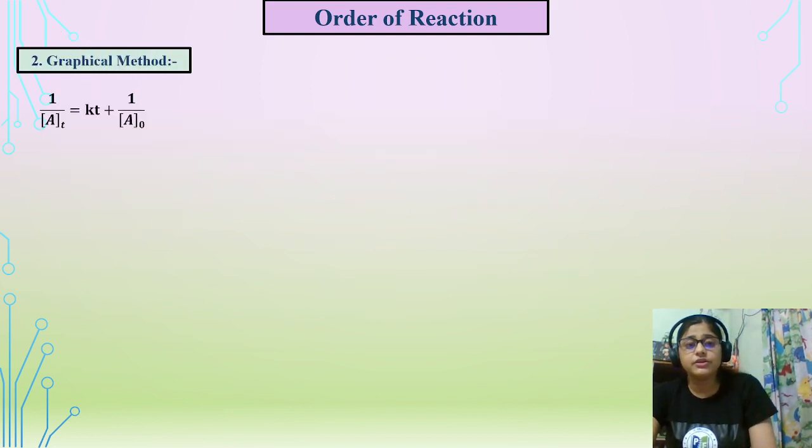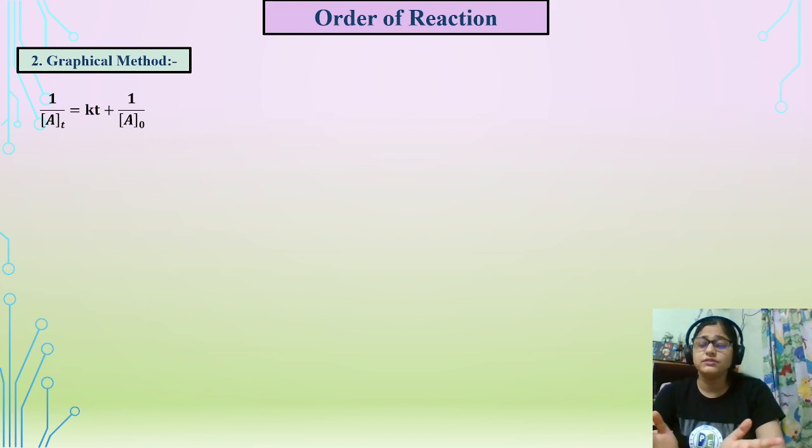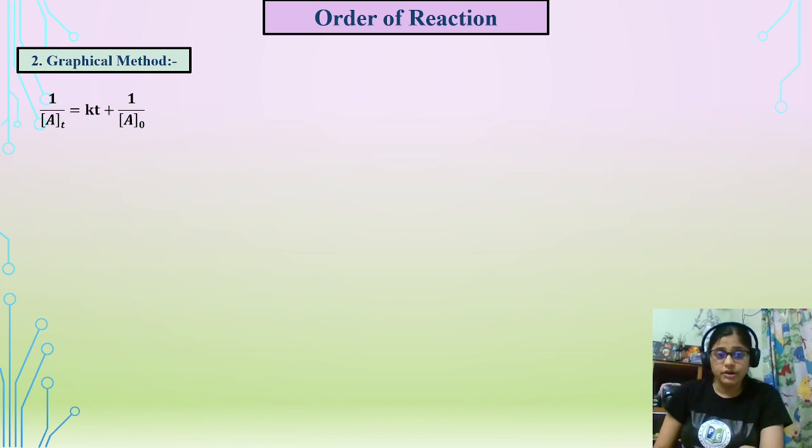Now the graphical method. Graphs we have read in many portions for order of reaction, like zero order reaction, first order, second order. So those graphs can tell you what is the order of reaction.